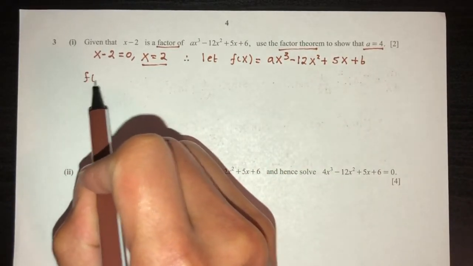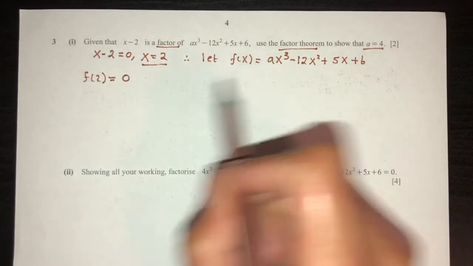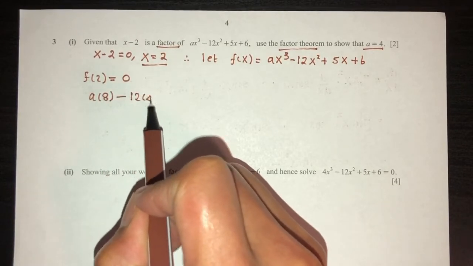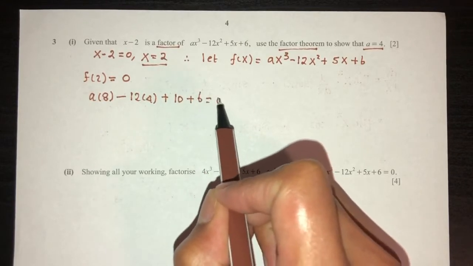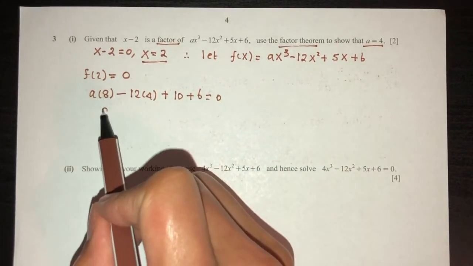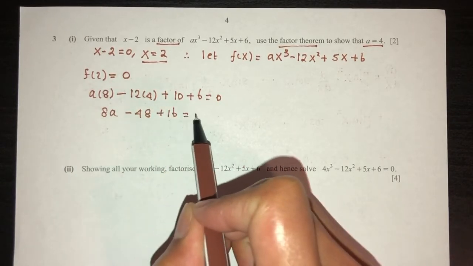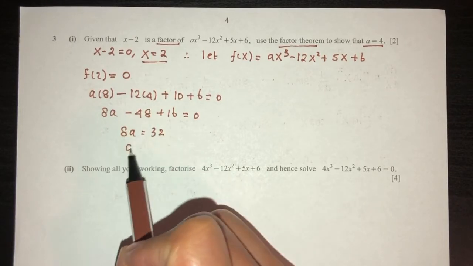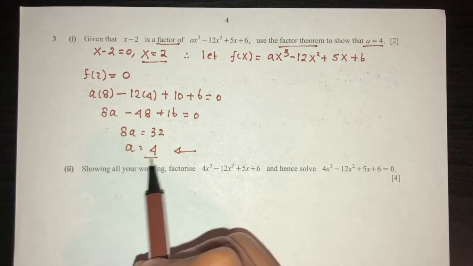Now f of 2 is supposed to give you 0. Let's replace those values. You will have a times 8 minus 12 times 4 plus 10 plus 6 is 0. Now this is 8a minus 48 plus 16 is 0. So 8a is equal to 32, a will be 4. This is shown as required for the value of a.